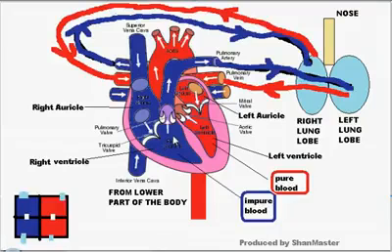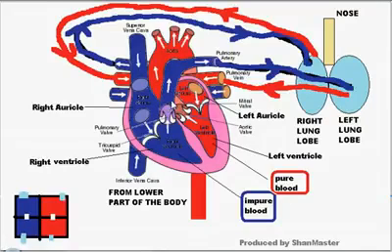When the ventricles together pump, from the left ventricle you can see through the aortic valve it goes into the aorta. From the right it goes into the pulmonary artery.